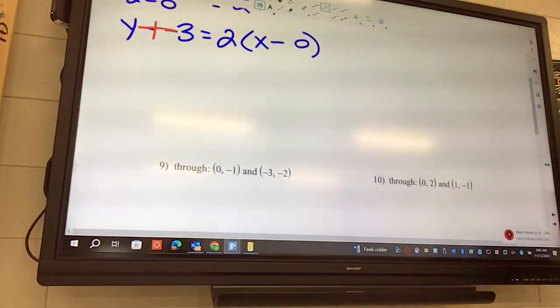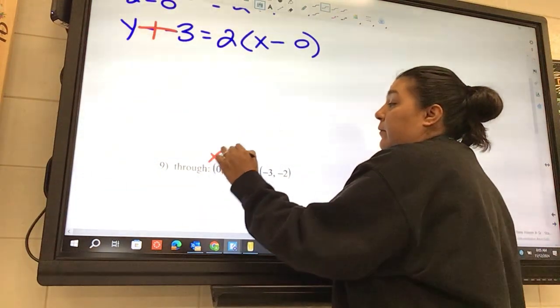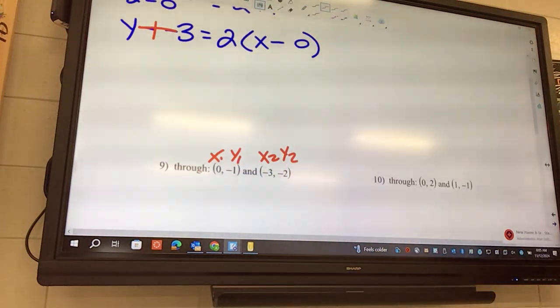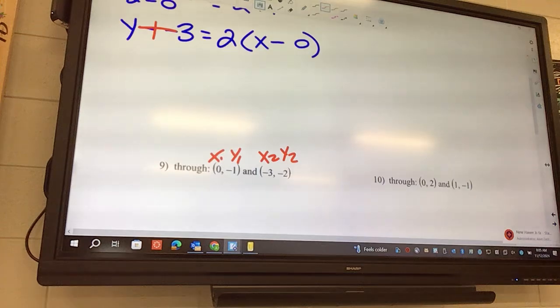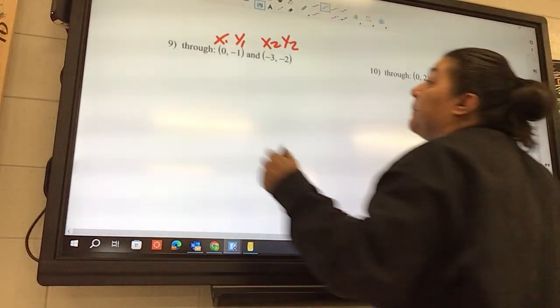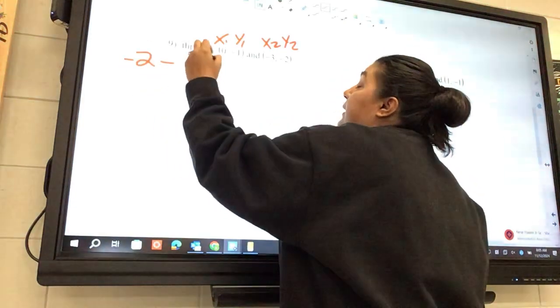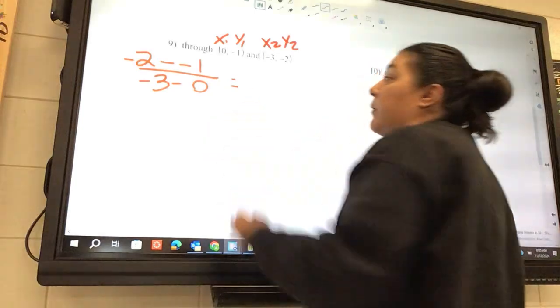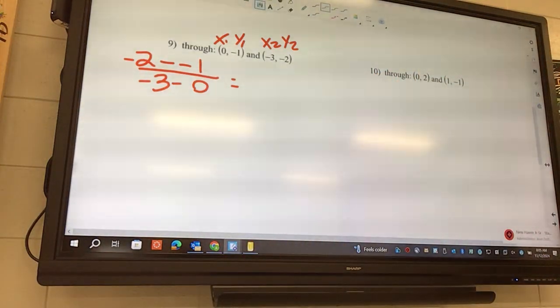Okay, number 9, I'm going to go ahead and label x1, y1, x2, y2. Again, we're going to start with formula 1, so y2 minus y1, so negative 2 minus negative 1 over negative 3 minus 0. 1/3.